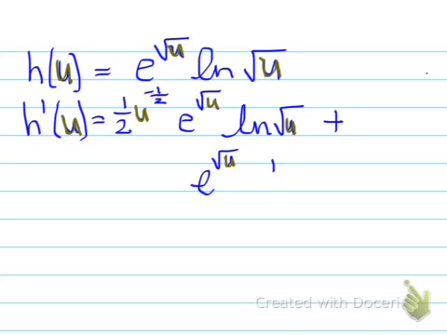Well, the second has a numerator of 1/2 u to the negative 1/2, that's the derivative of root u, over root u.